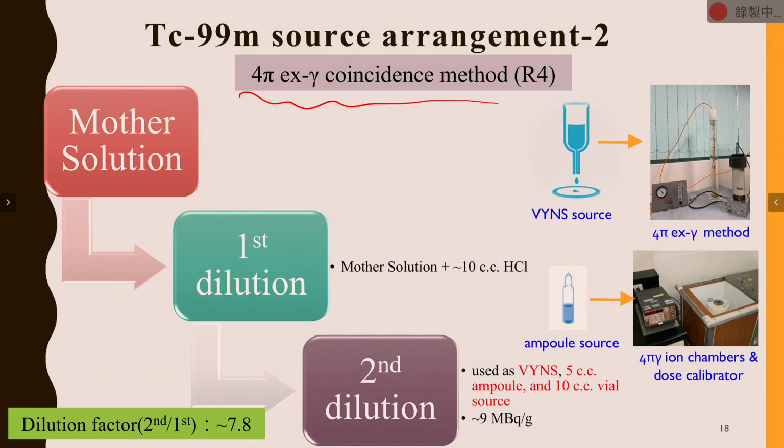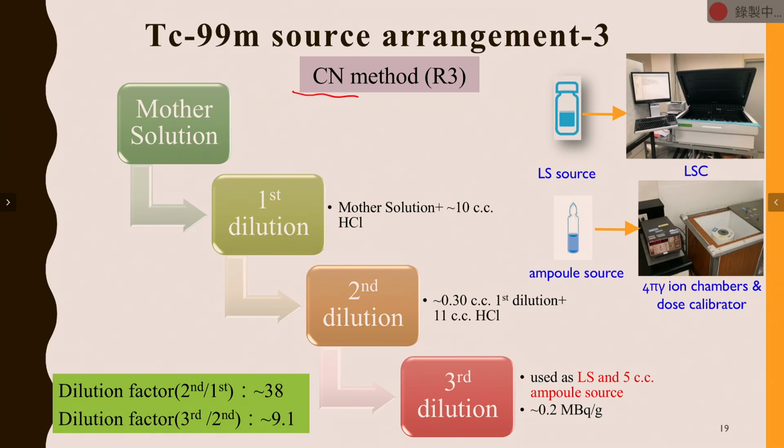The second stage used the diluted solution as a source for beads. Here, for the ion chamber and the dose calibrator, the ampoule source is used. And for the CN method, the mother solution underwent a 3-step dilution process before source preparation, and the LS source is for LSC counting, and the ampoule source is for the ion chamber and the dose calibrator. The dilution factor is here for your reference.